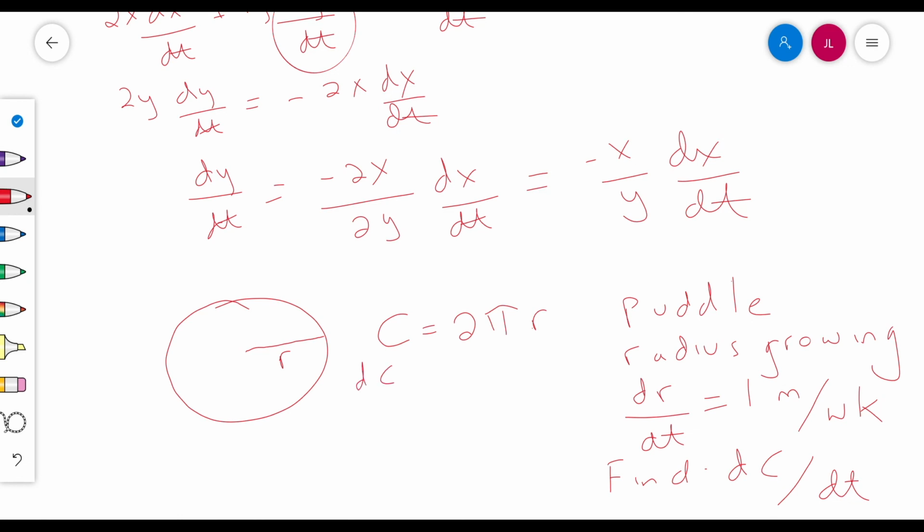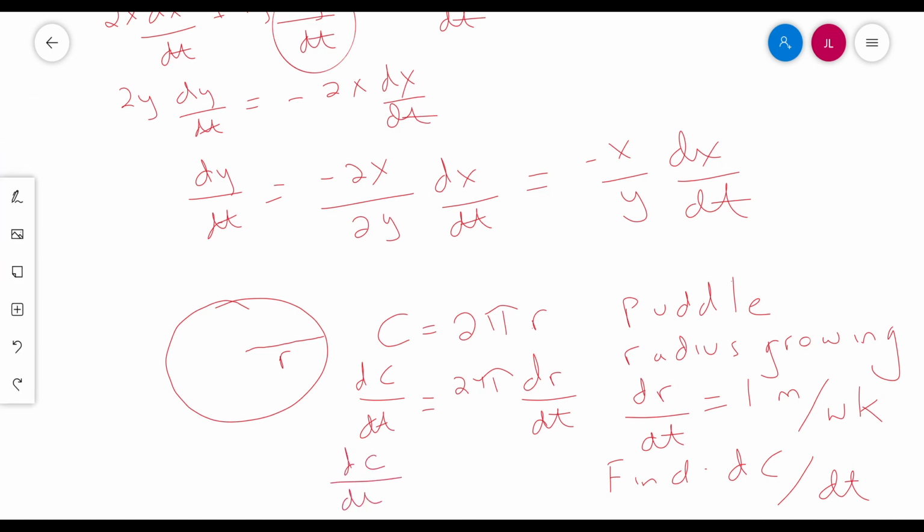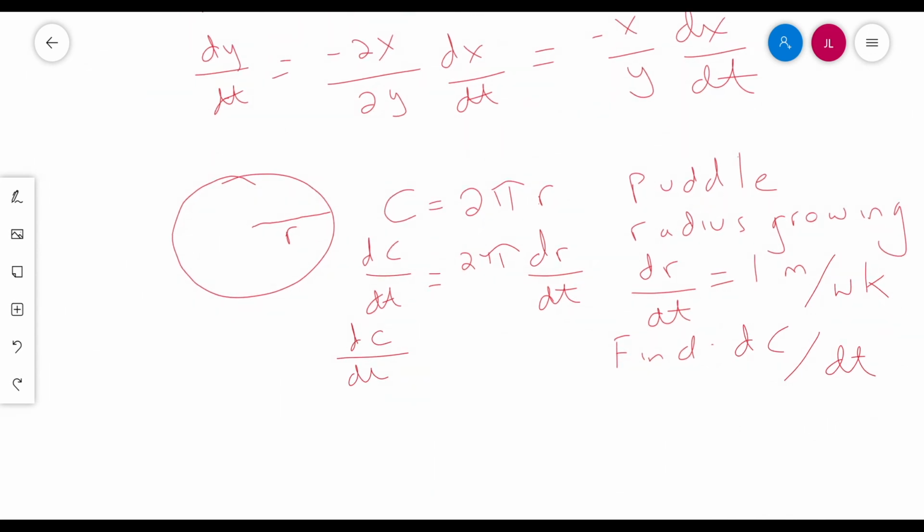So dc/dt equals 2 pi, since that's a number, times dr/dt. And since dr/dt is 1 meter a week, we can substitute: dc/dt equals 2 pi times 1 meters per week.